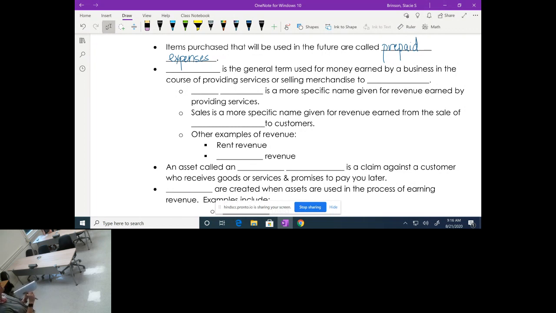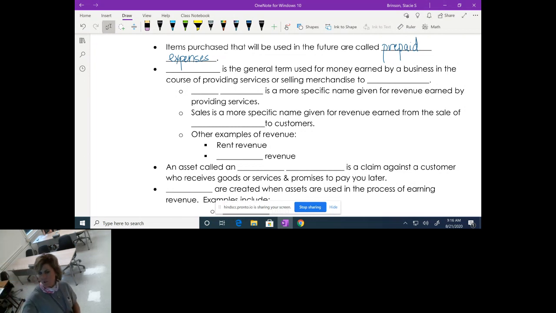Y'all will find prepaid insurance, prepaid rent, anything that's paid for ahead of time that does not pertain to just this one month. With supplies, you can always assume when they're buying supplies that it's for more than just one period of time. I'm going to go through all this with you, and we'll get used to the way the wording works, but you have to pay attention to what's being said in the problem to determine whether it's prepaid or not.